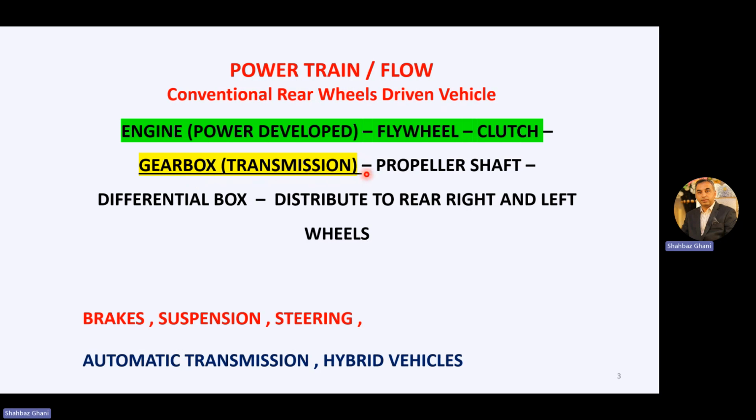And from that transmission, it is transferred to the propeller shaft, then to the differential box or differential gear, and then distributed to the rear right and left wheels. And these are the allied topics which we will study. So this is the basic power flow of a conventional rear wheel driven vehicle.